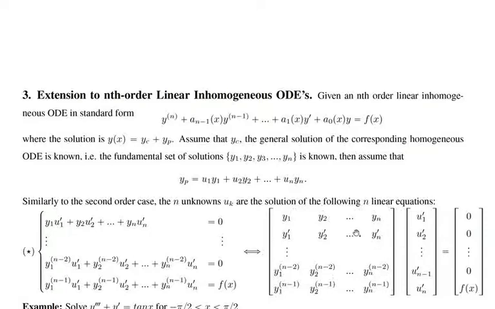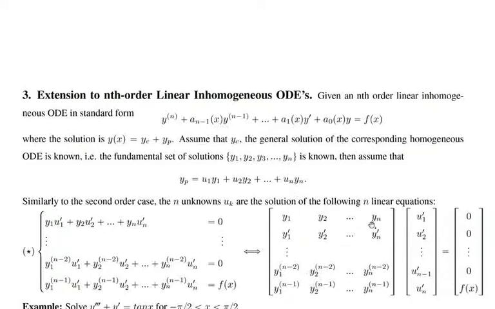This is nothing but the Wronskian of y1, y2, y3 up to yn, meaning it's the Wronskian of the fundamental set of solutions. And this Wronskian is not equal to 0 because we already know that the fundamental set of solutions is a set of linearly independent solutions of the corresponding homogeneous ODE.